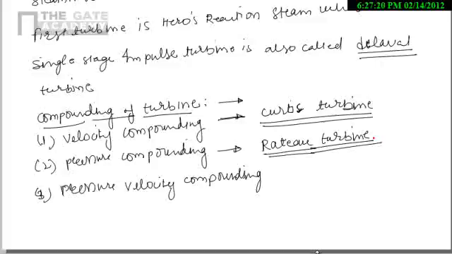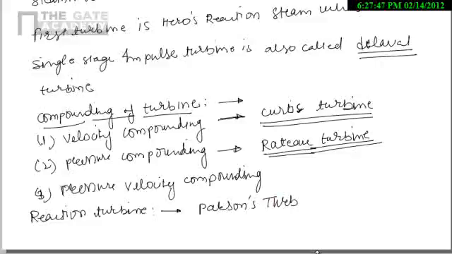And now we have the reaction turbine also, which we have already discussed, in which the enthalpy also changes in the rotor. A very famous reaction turbine is the Parsons turbine. Why am I giving these examples? Because they are very important from the GATE point of view. You can directly remember these things, and whenever they ask, you can directly give the correct answer.